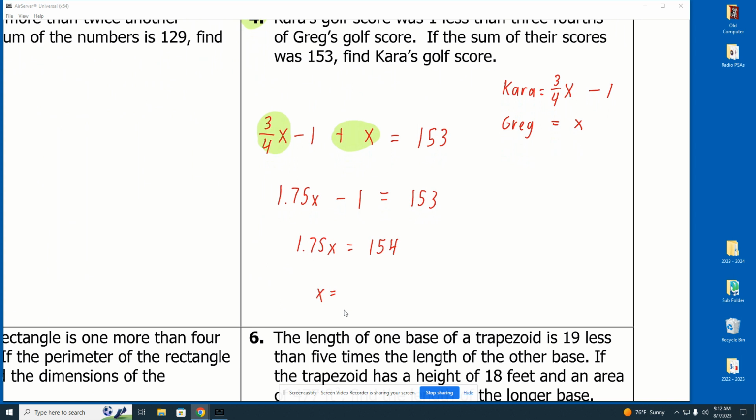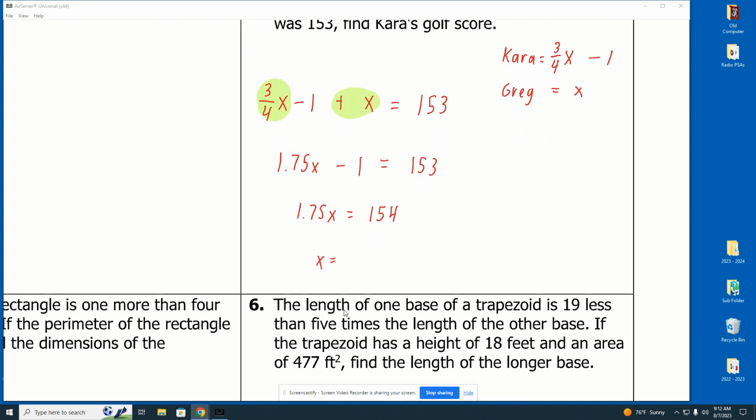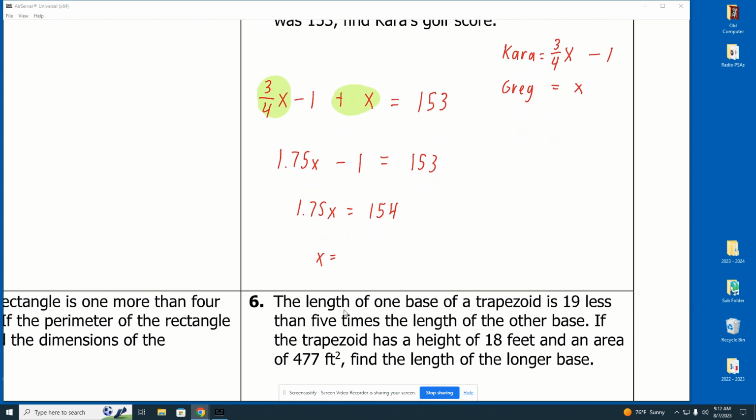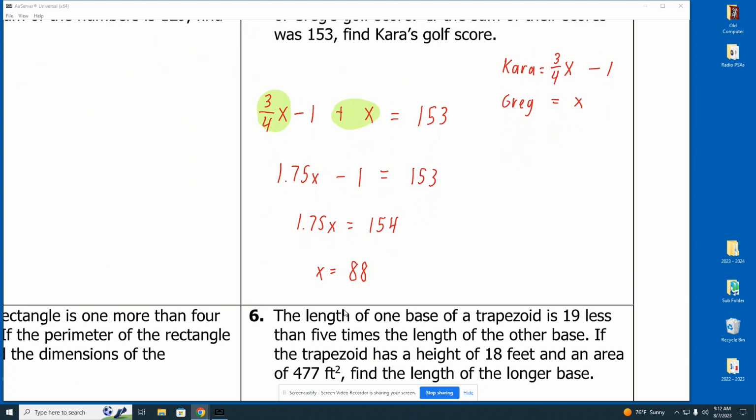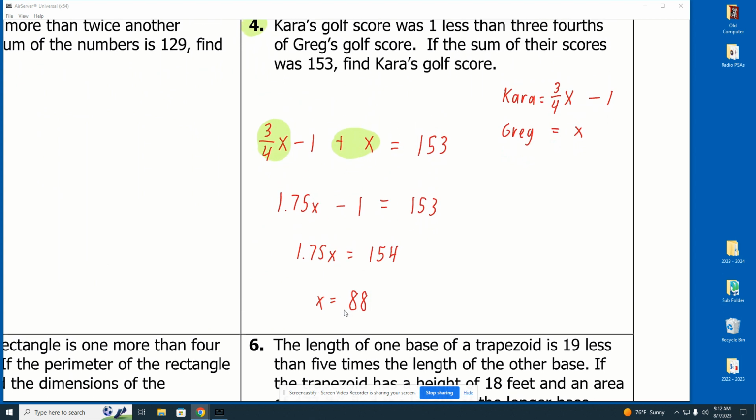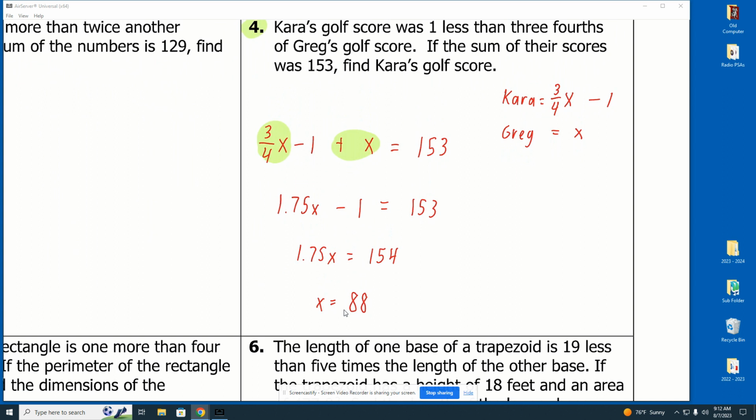Feel free to use your calculators. 154 divided by 1.75 equals 88. So what does that mean, y'all? Who was 88? Greg. Greg's score was 88.